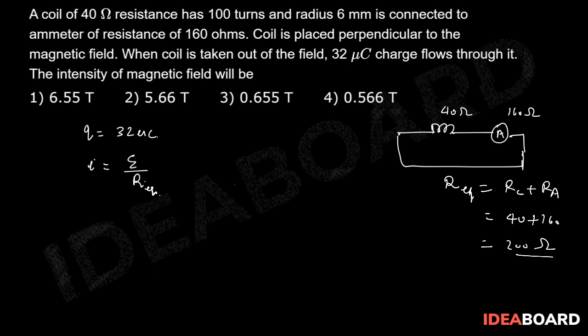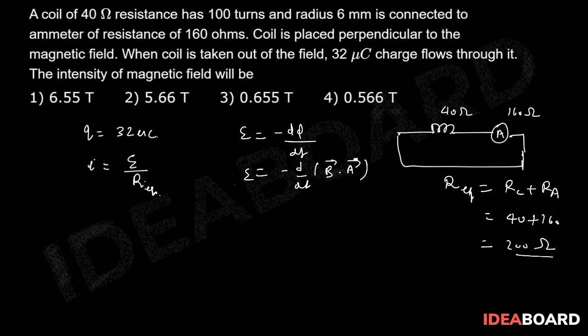Perfect. Now what is the value of E in a magnetic field? E is equal to minus d phi by dt. So what is going to be the value of flux? We know that phi is B dot A, but here in the question they are saying the coil is placed perpendicular to the magnetic field.